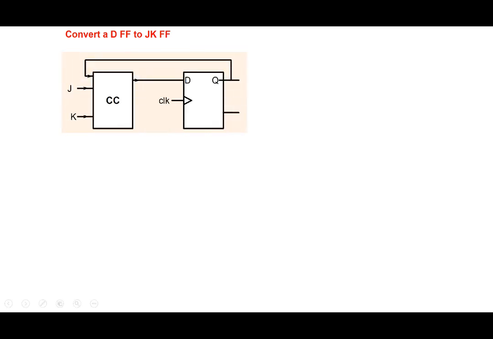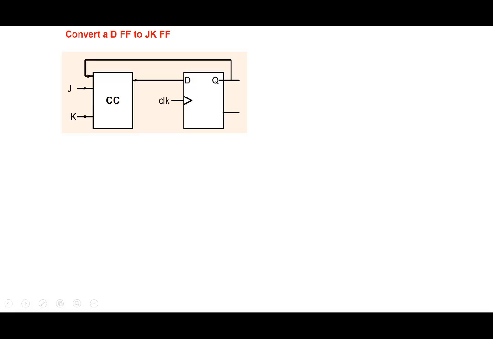So we have various kinds of flip-flops. If you have a D flip-flop and you're looking for a JK flip-flop, you can convert a D flip-flop into a JK flip-flop. Similarly, if you have a JK flip-flop and you're looking for a D flip-flop, you can convert them also. The basic idea is as follows: you have a D flip-flop available to you, whatever flip-flop is available, so let's keep that.